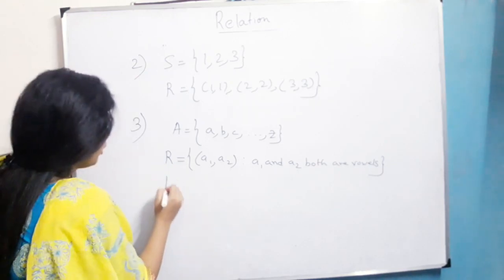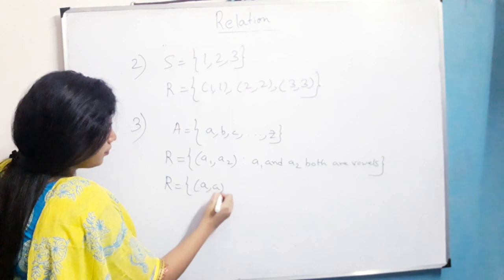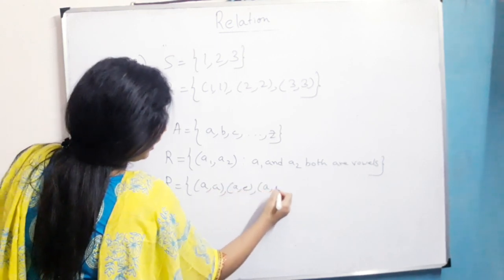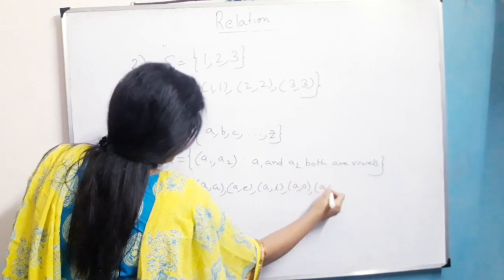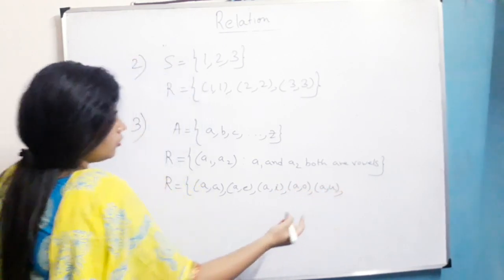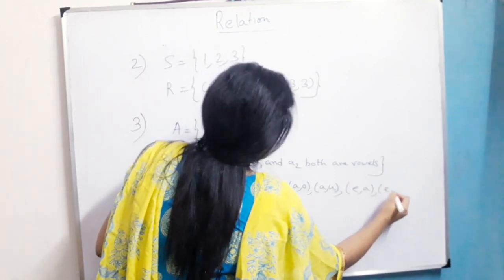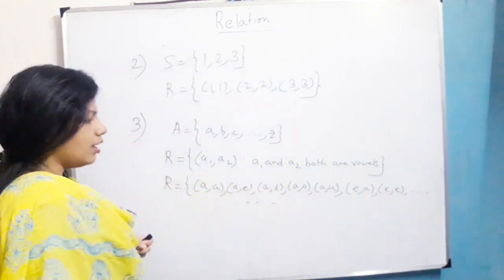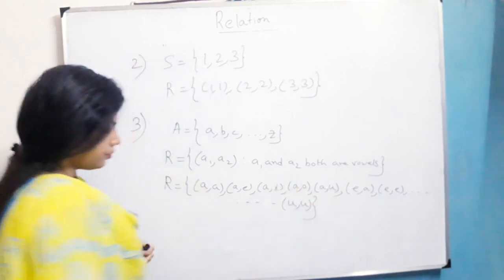So R will be: we can take (A,A), (A,E), (A,I), (A,O), (A,U). Then also we can take (E,A), (E,E). Like that it will continue, and the last element will obviously be (U,U).